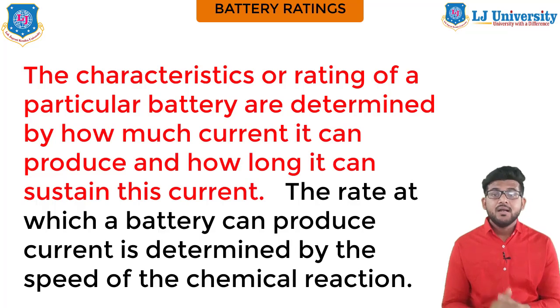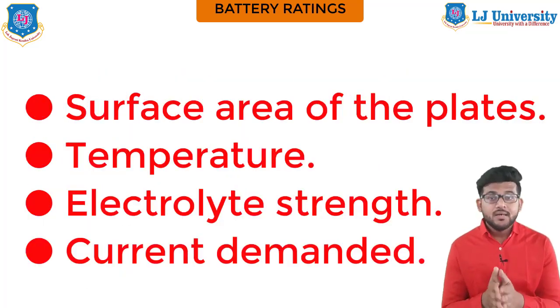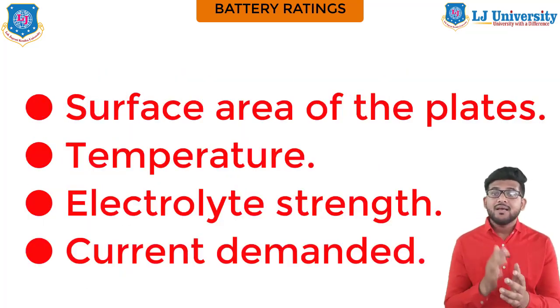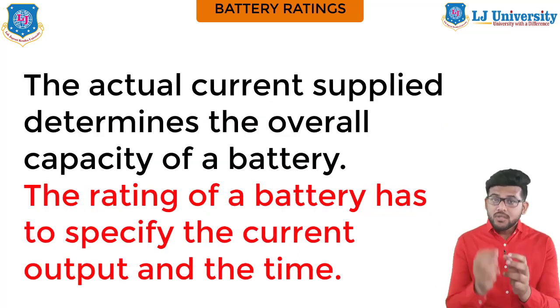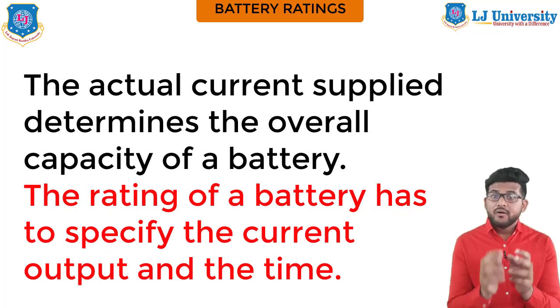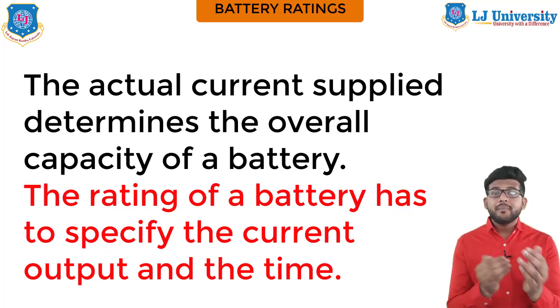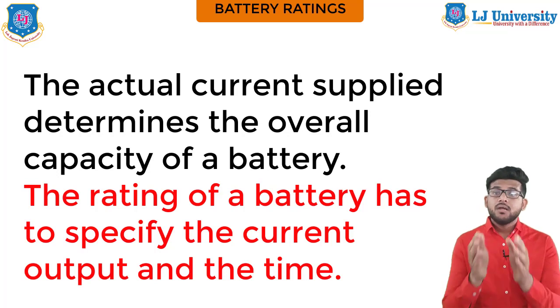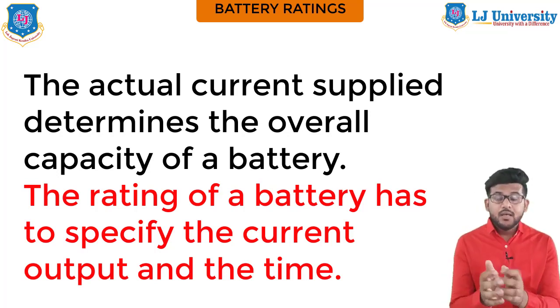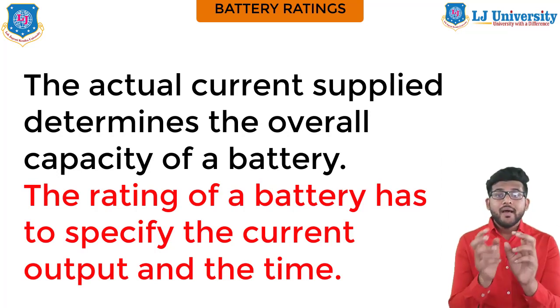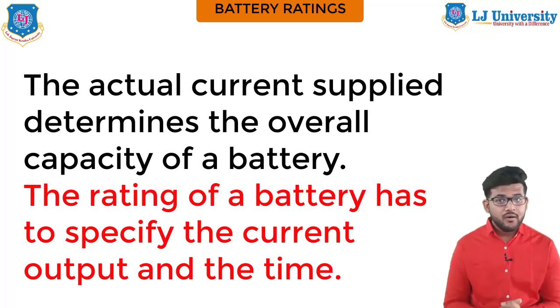Which are these factors? Surface area of the plates, temperature, electrolyte strength and the current demand. So it depends on all these factors. The actual current supplied therefore determines the overall capacity of a battery. The rating of the battery has to specify the current output and the time. So this is the real rating.